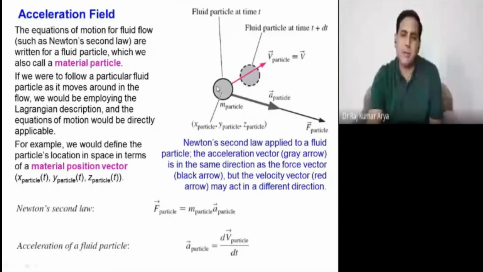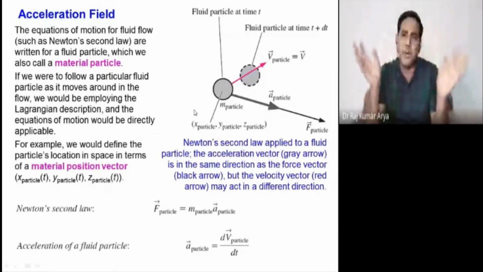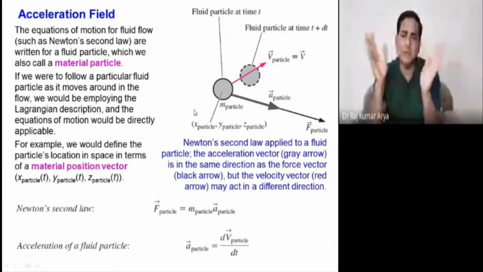Now you are talking about all these laws; the fundamental laws are valid only for a mass. Yes or no? In the case of fluid, you are talking about the mass of individual particles, because fluid is a combination of a number of particles, and you are taking the fluid as a continuum, right?